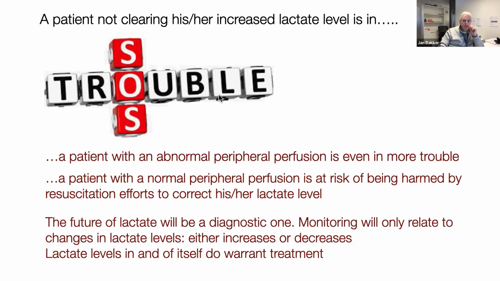And so the future of lactate will be diagnostic. Monitoring will relate to changing, and either increases or decreases are important messages. And lactate levels in and of themselves do not warrant treatment, but more thinking. What's the message and what should I do?